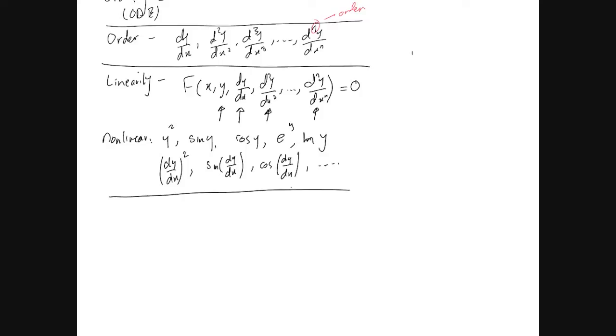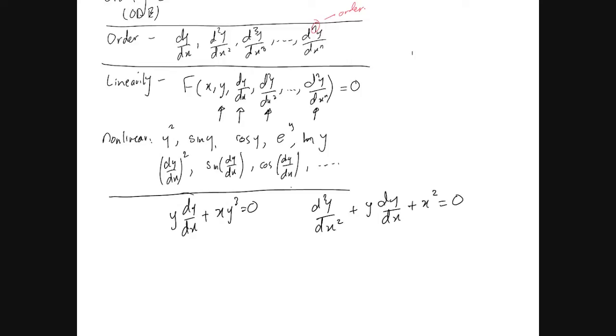So here will be a quick example of nonlinearity versus linearity. If I said y dy/dx plus x y cubed equals 0, then that's a nonlinear differential equation. Okay, if I had, for instance, d2y/dx squared plus y dy/dx plus x squared equals 0, that would be a nonlinear differential equation.